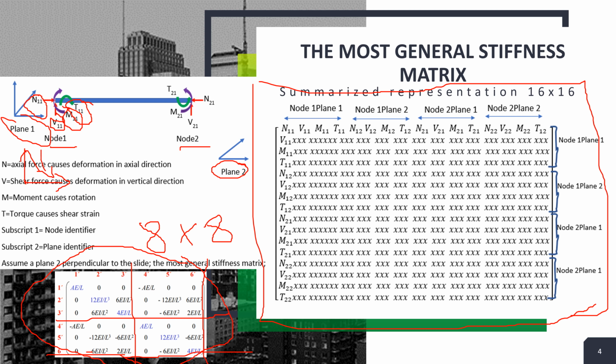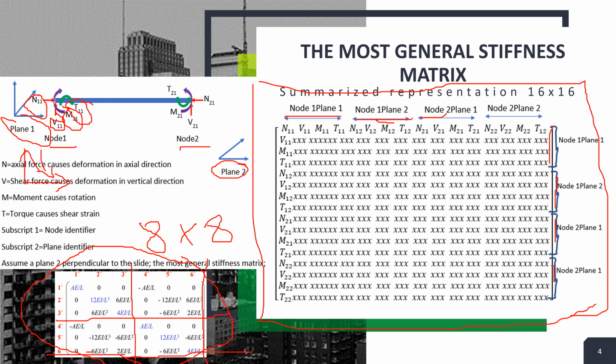So this is the 4 forces in plane 1 and 4 forces in plane 2. These are the 4 forces in node 1 plane 1, and then 4 forces in node 1 plane 2, then 4 forces in node 2 plane 1, and 4 forces in node 2 plane 2, the same as you go down. So at the end of the day, you have a 16 by 16 matrix.